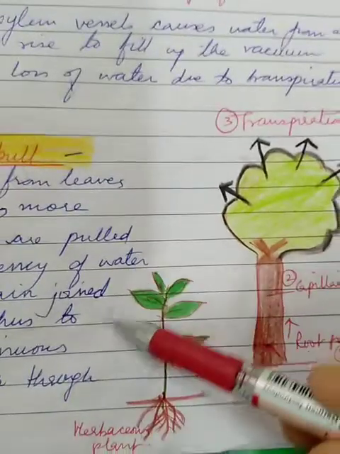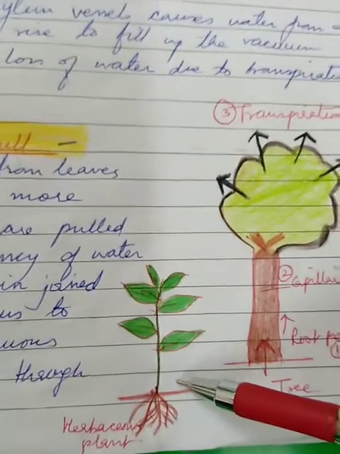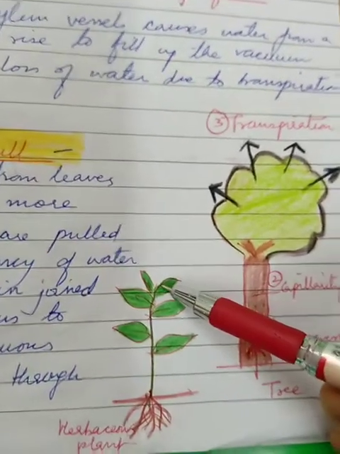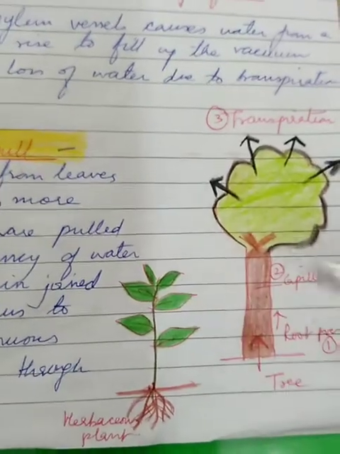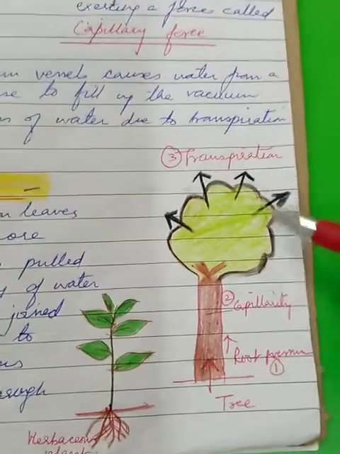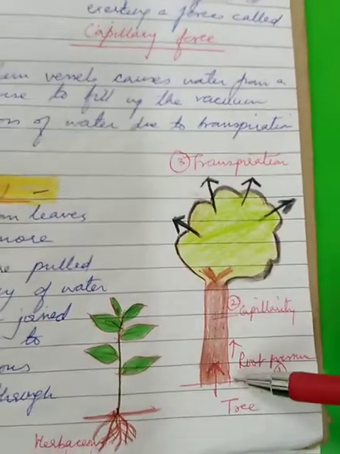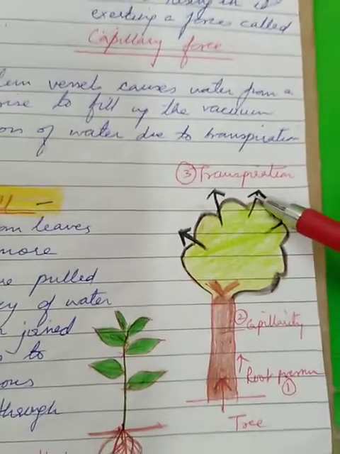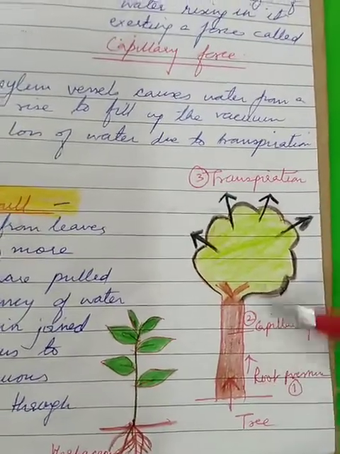If it is a small plant, like a herbaceous plant like this, then this root pressure can be sufficient to push it up to a good height or maybe up to the top. But the plant should be a small one. In a big tree like this, do you think that root pressure alone is responsible for pushing the column of water upwards? No, this is not possible for root pressure alone.